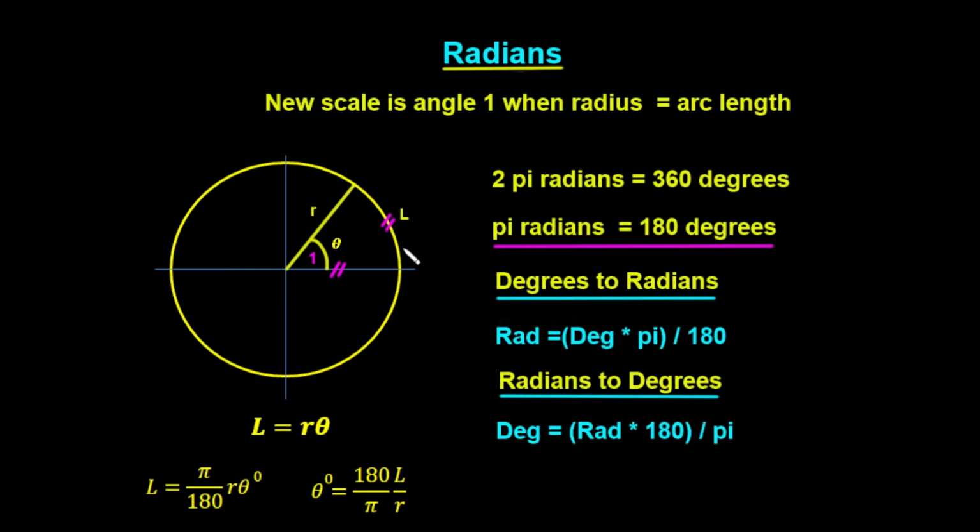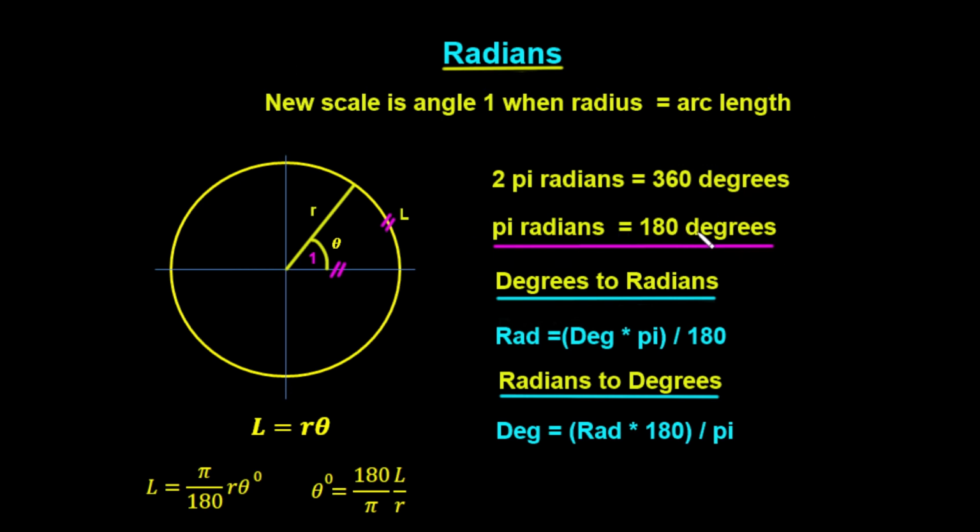So the arc here is equal in length to the radius, and it's going to generate 1 radian. We also said that 2 pi radians is equal to 360 degrees, or equivalently pi radians is equal to 180 degrees. So this is the one we want to remember here.